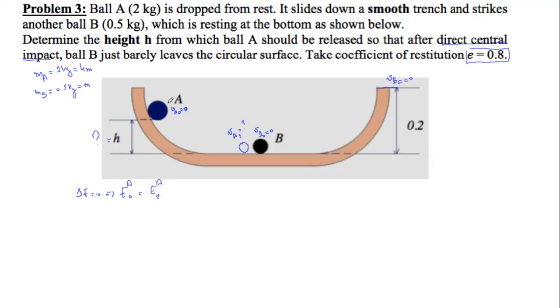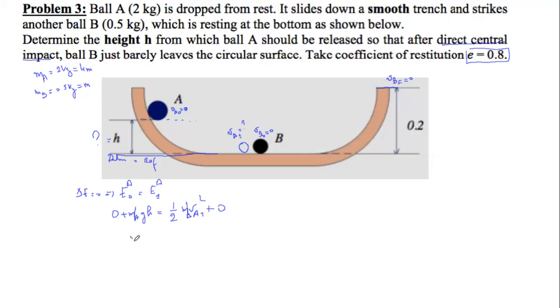What is the mechanical energy at this position here? 0 kinetic energy plus MAgH. What is the mechanical energy here? If I choose this to be my datum, the ground, then kinetic energy will be half MAVA1 squared, and gravitational potential energy is 0. Basically, I'm transforming MAgH into half MAVA1 squared.